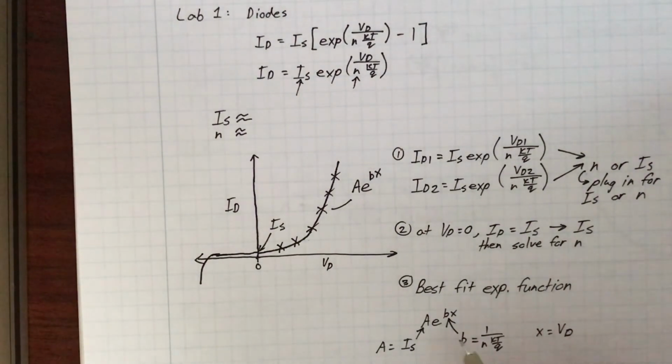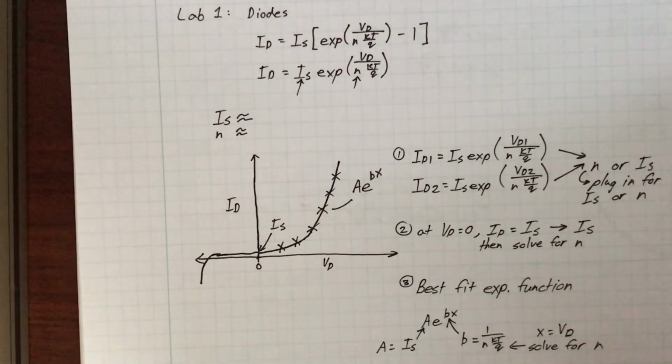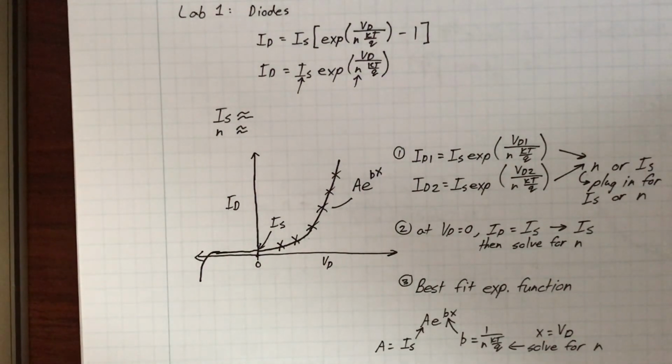So if you have the a and the b terms, a gives you IS, b gives you 1 over N KT over Q, you can solve for N. And that would be your third method of obtaining N and IS from experimental data. And there's probably others, but these are the three that you've either seen or are more intuitive.